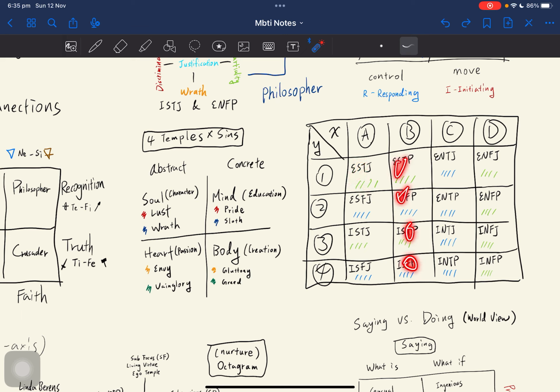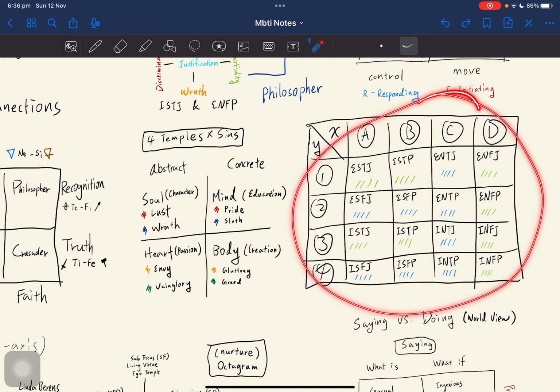And 3 and 4 is alternating the last letter between J and P. First J, then P. First J, then P. So if you are number 1 and 3, you have J, and number 2 and 4 is P. And similarly, number 1 and 3 is T, number 2 and 4 is F. So that is the type table.